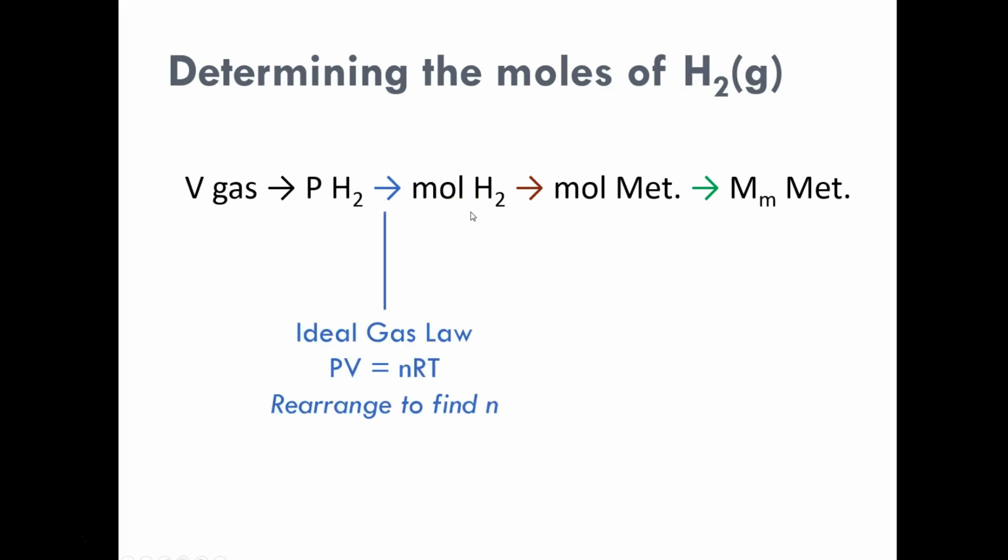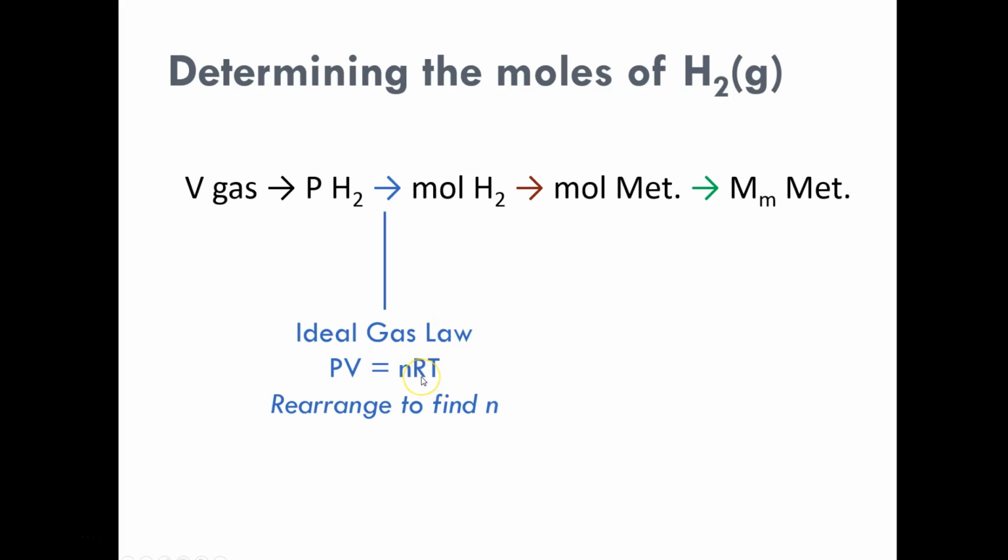The answer is to use an equation called the ideal gas law. The ideal gas law is an expression of how the pressure of a gas is related to its volume, the number of moles of atoms or molecules of that gas, and the temperature of that gas.